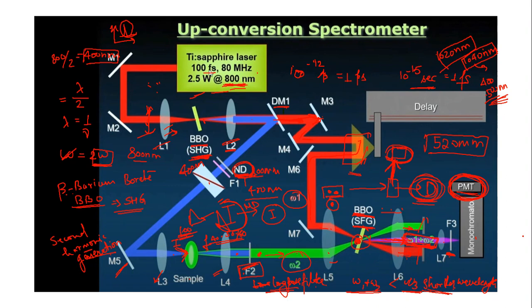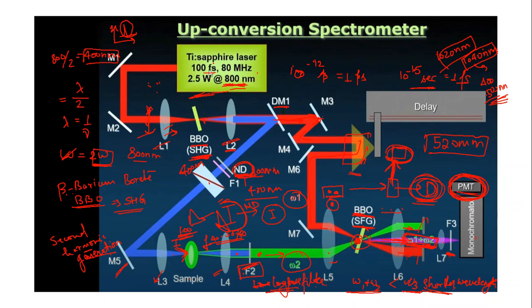So in the upconversion spectrometer, first of all, there is a titanium sapphire laser. Why do we use a laser source? We discussed earlier that laser light is highly intense, monochromatic, and also collimated, so it is a quite focused beam.